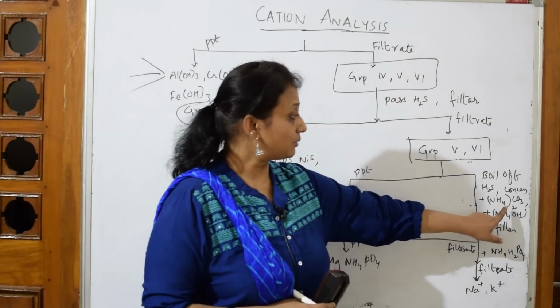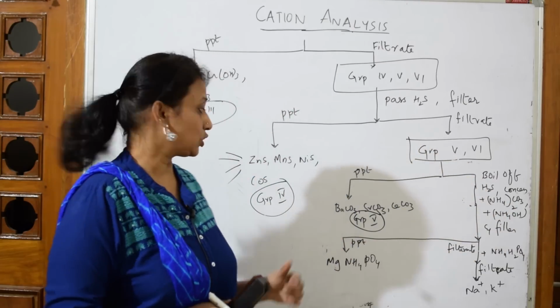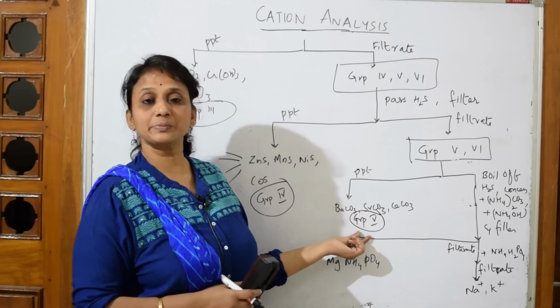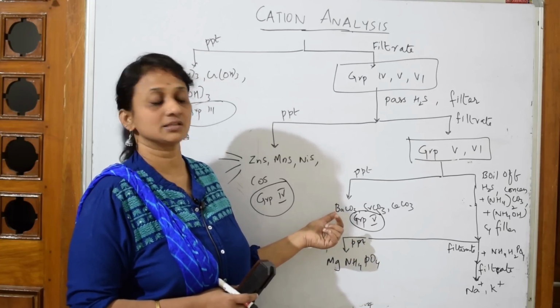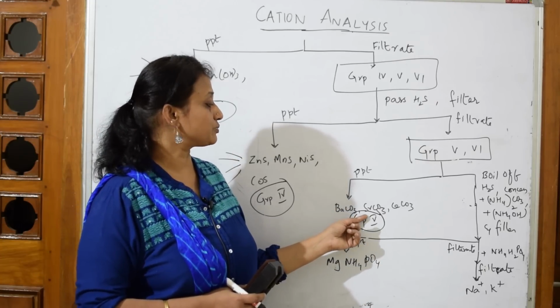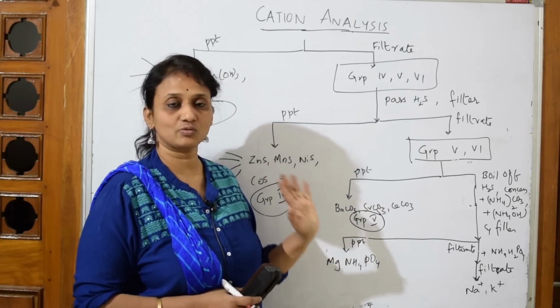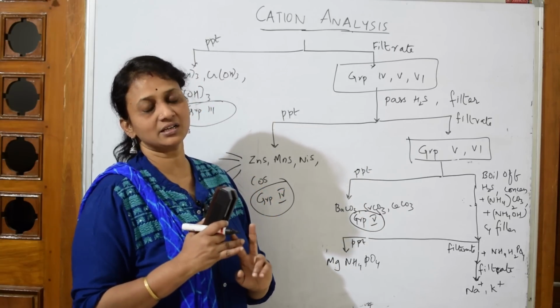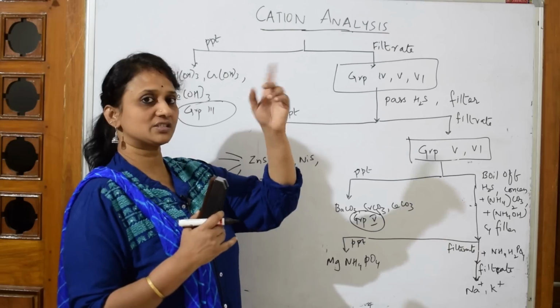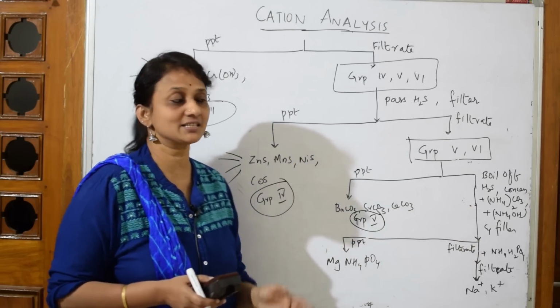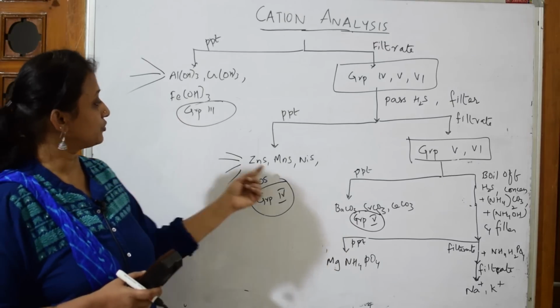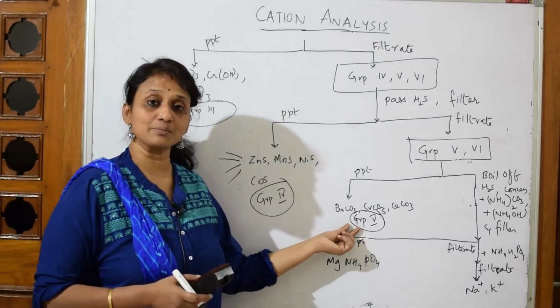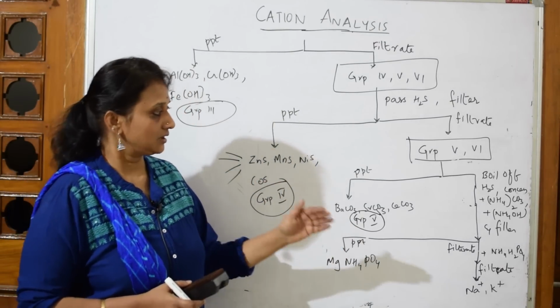Because we are adding ammonium carbonate in excess, group 5 cations precipitate in the form of carbonates: barium carbonate, strontium carbonate, calcium carbonate. So one more Viva question: group reagent, precipitate, form. First is chlorides, next is sulfides, third is hydroxides, fourth is sulfides, fifth is carbonates. Done. That is also over.